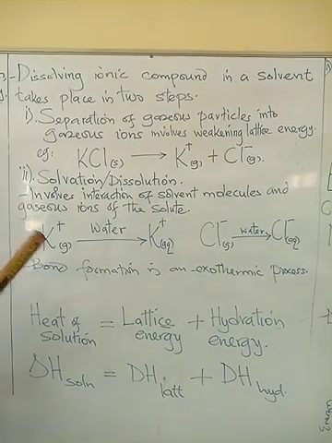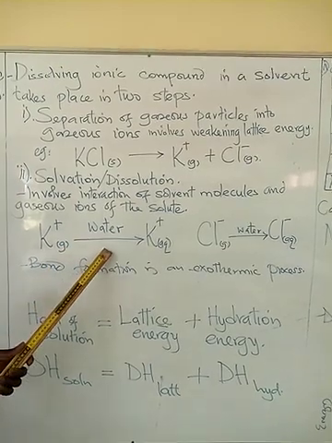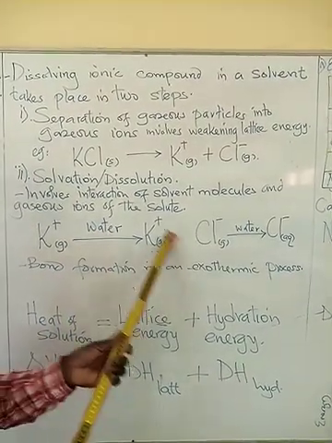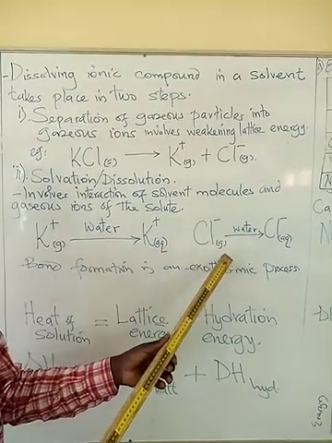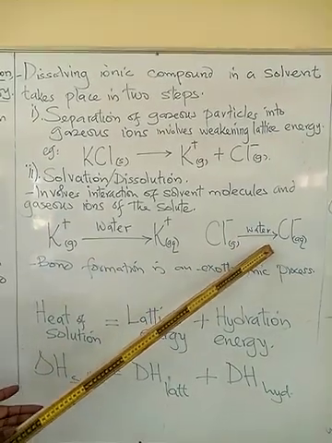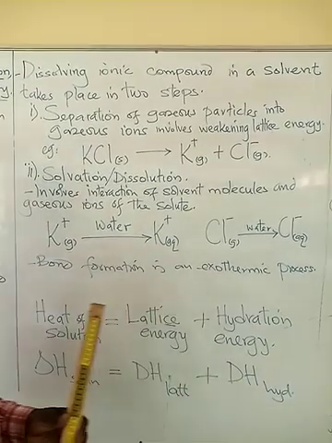And that also takes place in steps. The gaseous ion of potassium will interact with the water molecules to form a solution of potassium ions. At the same time, the chloride ions will also interact with the water molecules that now act as a solvent to form the aqueous solution of chloride ions.